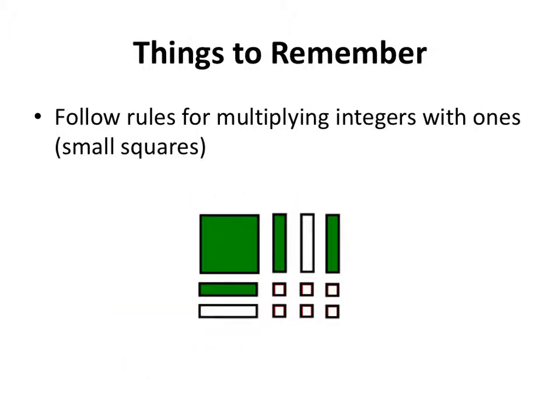The last thing to remember for now as we work with algebra tiles is that we have to be careful to follow the rules for multiplying integers when we're filling in our ones. For example, a positive multiplied by a positive means that this one's unit should also be positive, along with this one.